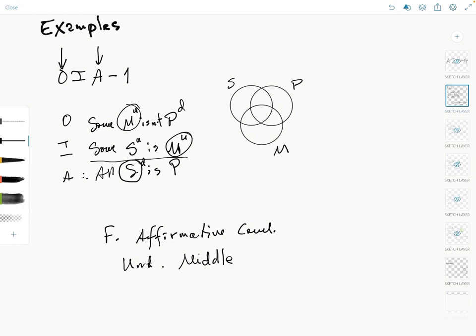Now, what about the illicit major or illicit minor? The minor term is distributed in the conclusion because the distribution pattern is distributed subject, undistributed predicate. So is the minor term distributed in its premise? And the answer is no. Why no? Because the minor term is undistributed in the minor premise.